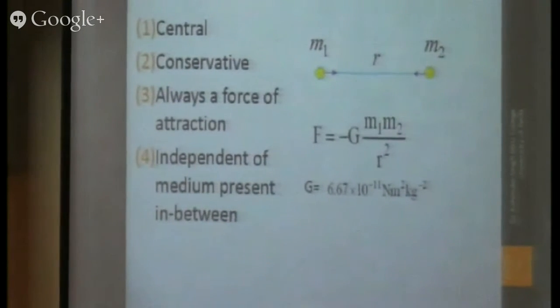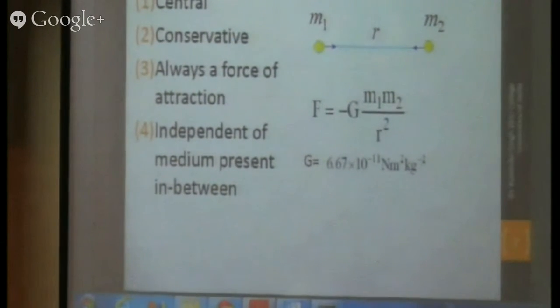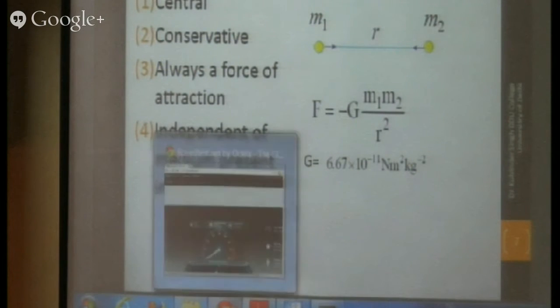But as a result, since it is a central force, due to the gravitational force, listen carefully to what I'm saying. Due to gravitational force, there is no net torque produced on the other body if you choose the axis passing through that mass. What I'm saying, look at this.